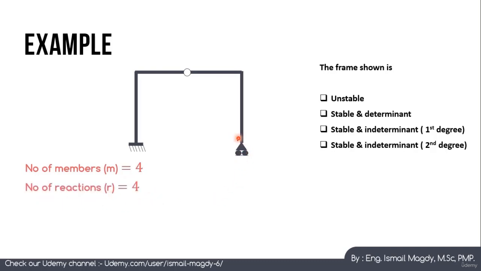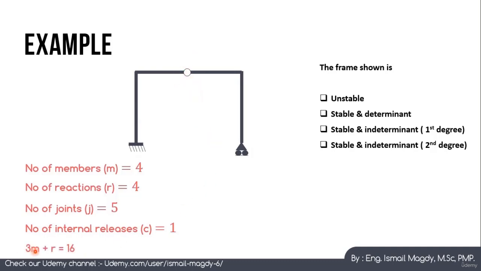We have one reaction here because this is a roller, and we have 3 here because this is a fixed support. This means a total of 4 reactions. The number of joints is 1, 2, 3, 4, 5. Any connection, either internal or external, is considered a joint. And finally, the number of internal releases is only 1 because we have only one intermediate hinge here.